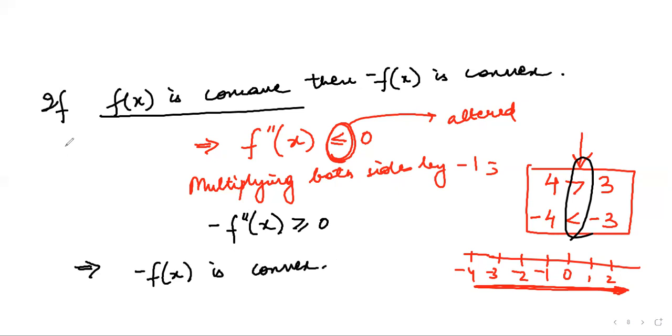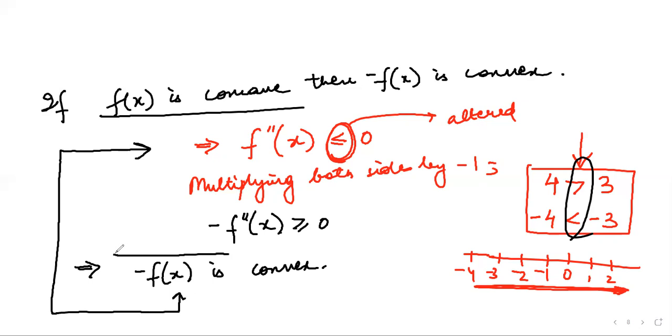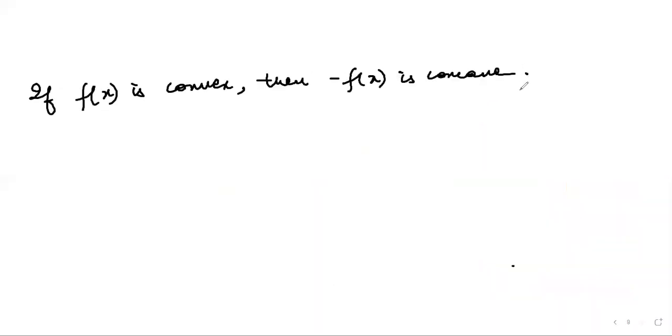So we started with a function which is concave and we came to a function which is convex. You have to do exactly the opposite in this case.